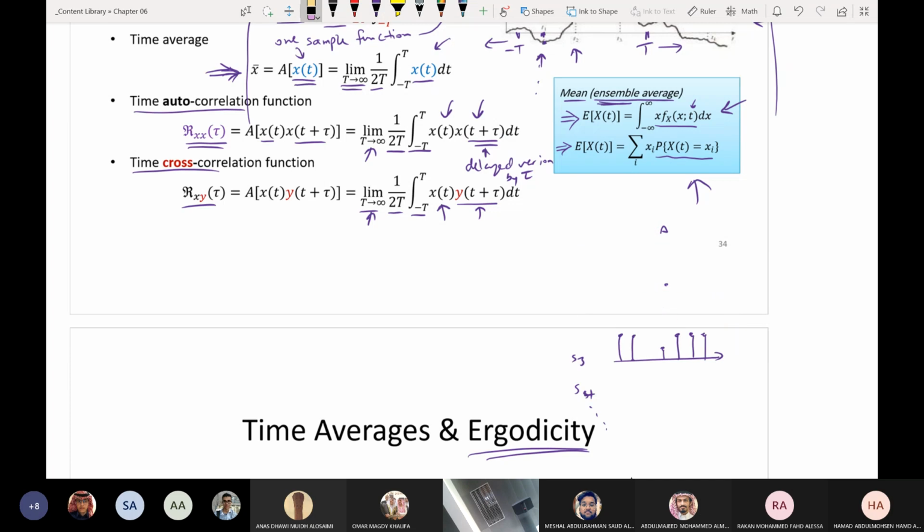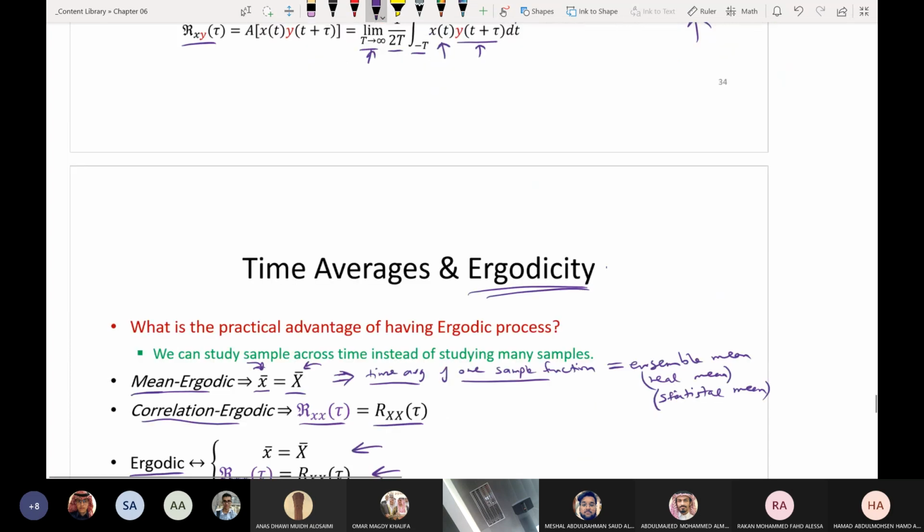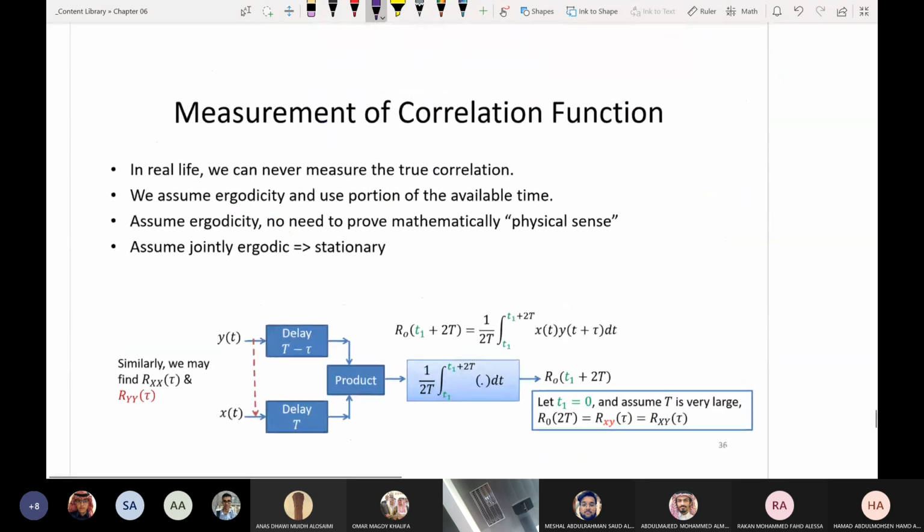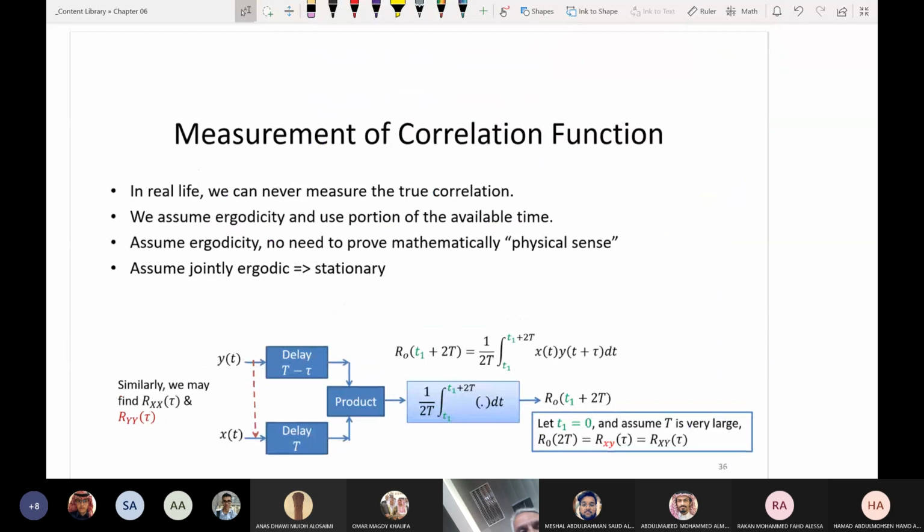طيب شباب, any question؟ Okay. Now the last thing I would like to talk about is the measurement of correlation function.